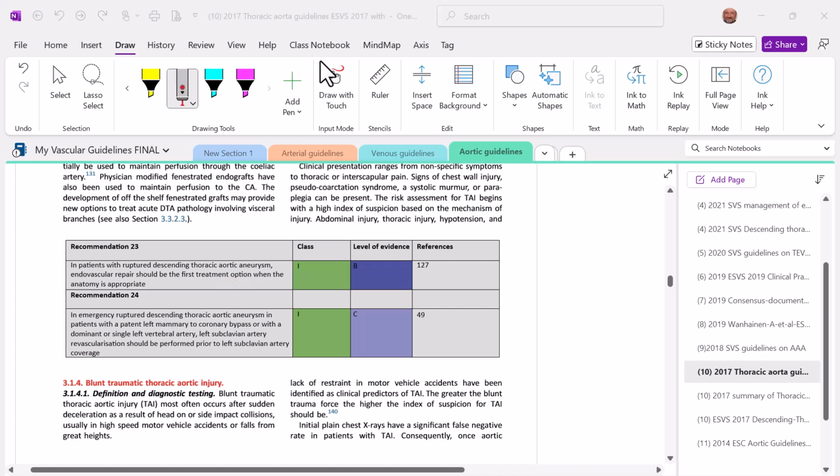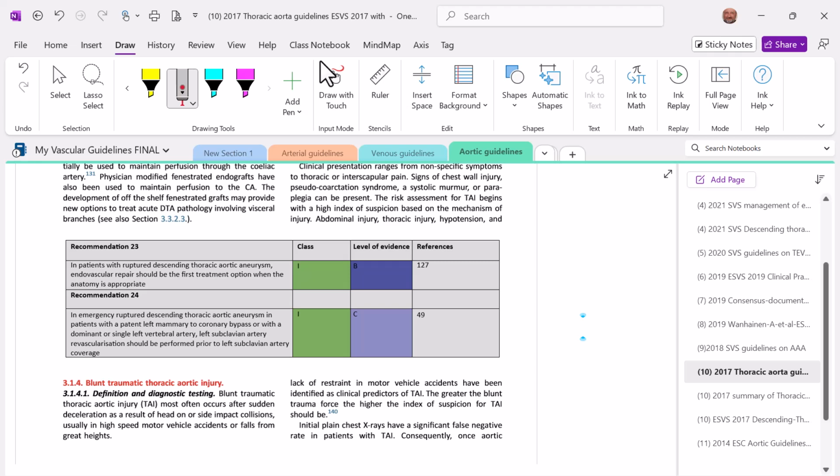And in an emergency ruptured descending thoracic aortic aneurysm, in a patient with left mammary to coronary bypass, LIMA, with a dominant single left vertebral artery, this is very, very important, and it is usually brought up in MRCS vascular cases. They give you a patient with LIMA with a dominant single left vertebral artery. Left subclavian artery revascularization should be performed prior to covering the left subclavian artery, because if you don't do that, you will get a stroke in the brainstem, and this is catastrophic.